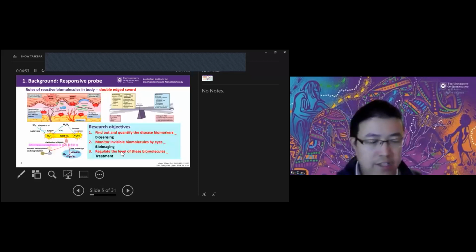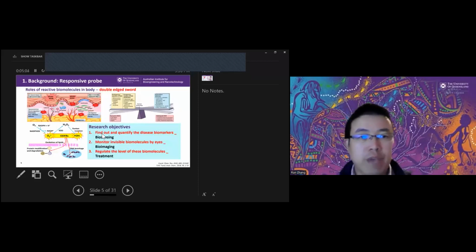Actually, this kind of biomarker is very important for us. For example, in inflammation, the macrophage will express high levels of these species to kill the bacteria.